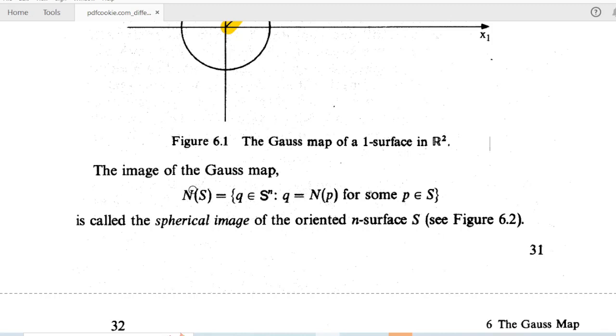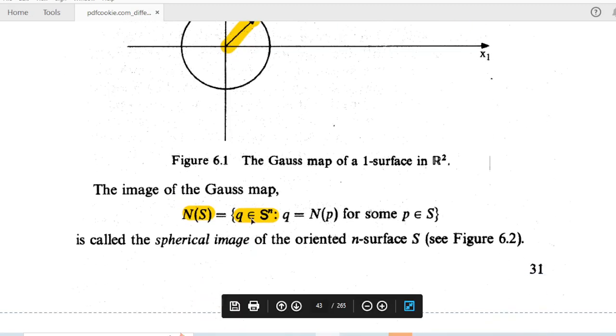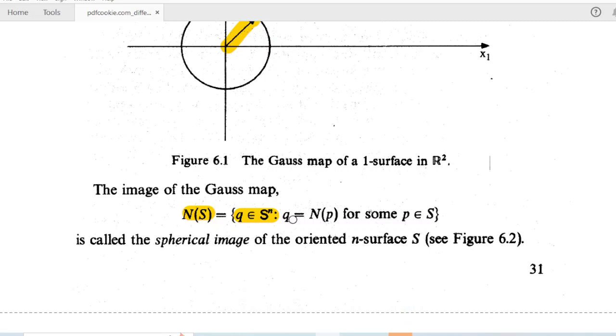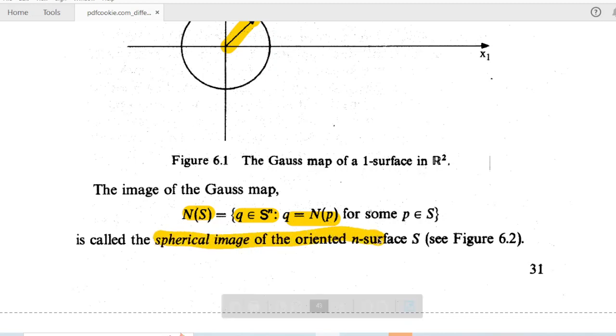The image of a Gauss map is given as N of S, and it is the set of all Q which belong to S^n. We know S^n is the codomain and S is the domain. So N of S is equal to the set of all Q which belong to the codomain such that Q equals N of P for some P belonging to S. It is called the spherical image of the oriented n surface.